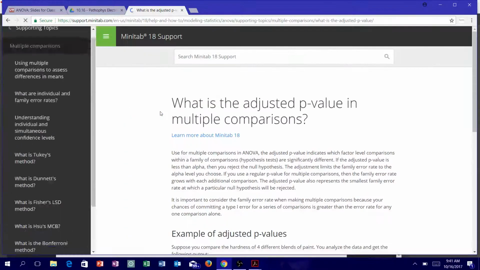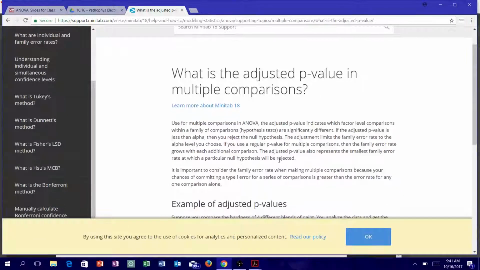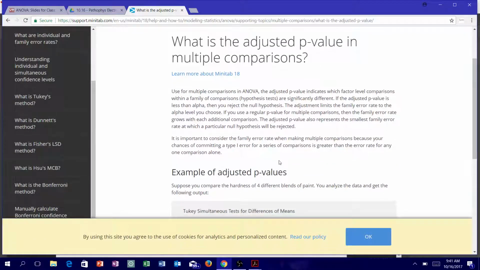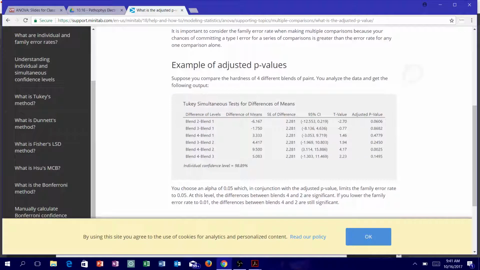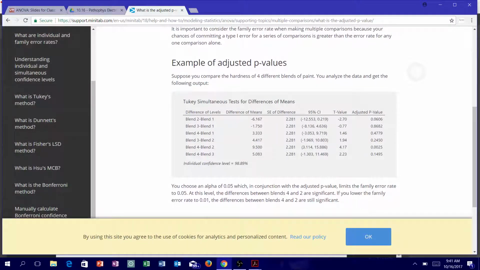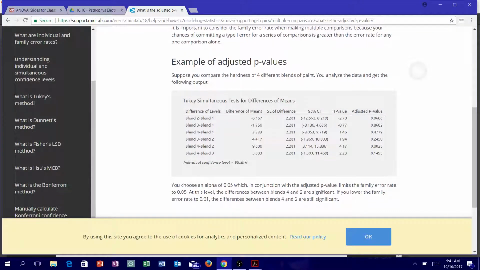Instead of running one comparison, if you have A, B, C, D groups, you're now running A with B, A with C, A with D, B with C, B with D, and so on. So your error is no longer only 5%. That would be unfair and incorrect, in fact. So you need to adjust for the multiple comparisons you're running by also adjusting the level of error.